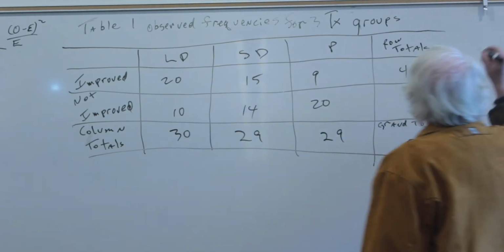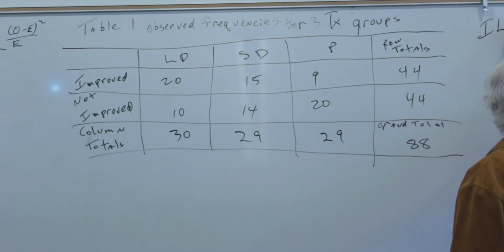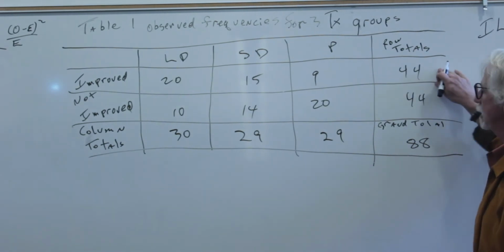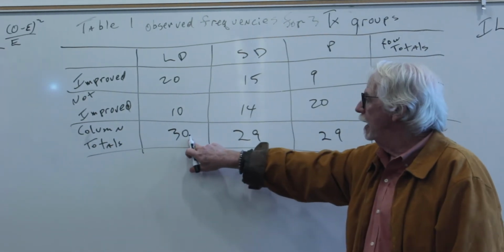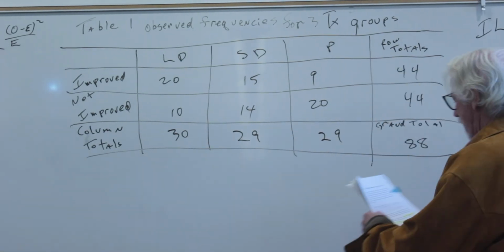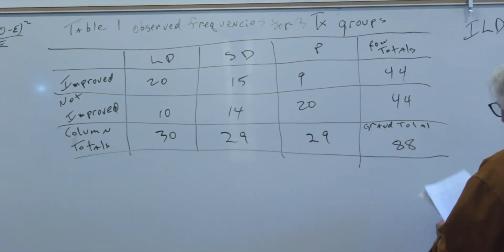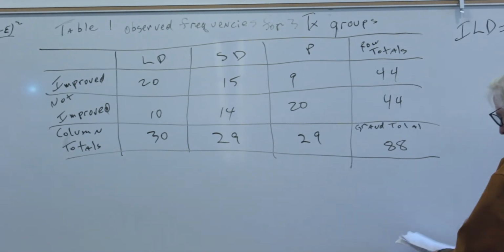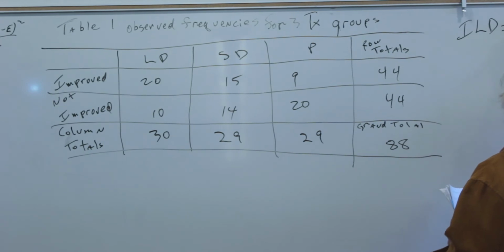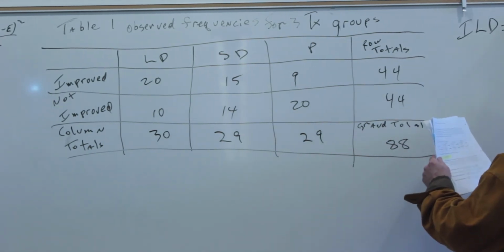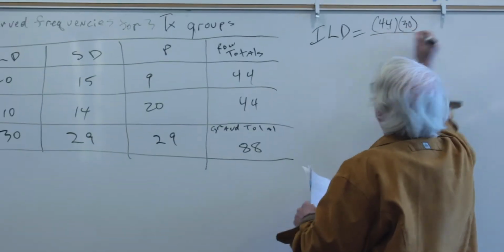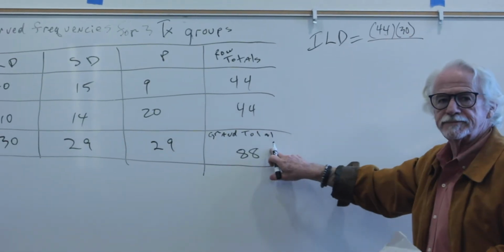So for my improved low dose, I'm going to go by the row total times the column total, and I am going to get 44 times 30 over the grand total.